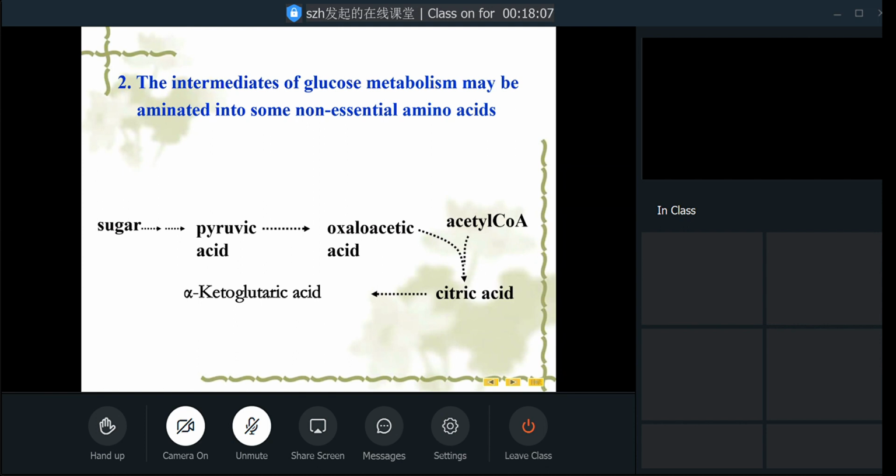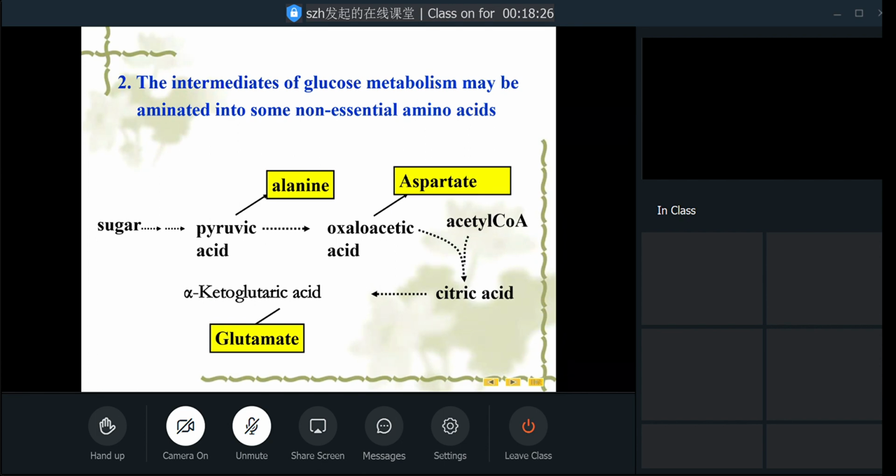Here you can see pyruvic acid, through transamination can produce alanine. Oxaloacetate can produce aspartate. And alpha-ketoglutaric acid can produce glutamate.